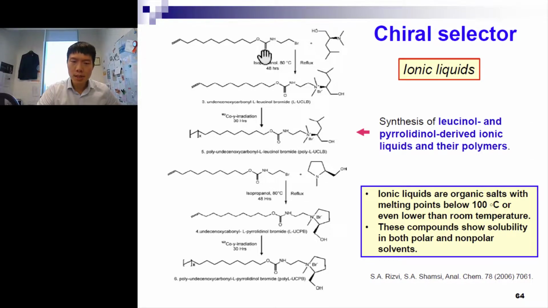This liquid melts below 100 degrees Celsius, or sometimes even lower than RTP. The reason is that the primary interaction comes from dipole-dipole, in fact induced dipole, your London dispersion forces, and of course it still possesses some of your ionic attraction. But as a whole, which is stronger, it is because of the tail.